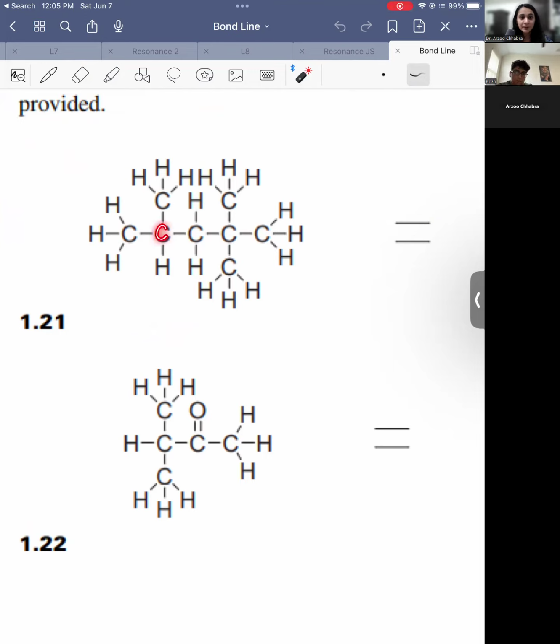So carbon also prefers to have 8 electrons in its octet, and when the octet is complete, it would actually have 4 bonds. So every carbon will form 4 bonds, and when it's not 4 bonds, then it'll be either a positive charge or a negative charge.